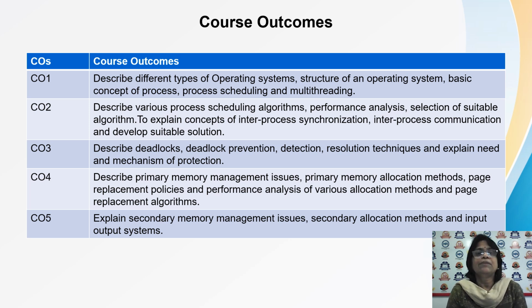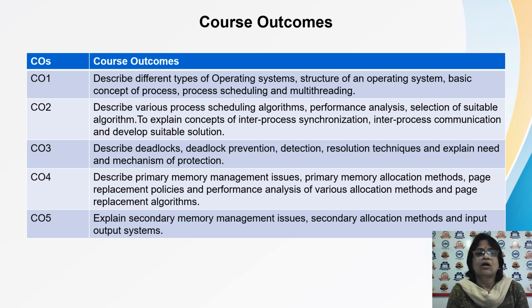Unit 2 will give the various process scheduling algorithms, performance analysis, and how to select a suitable algorithm for process scheduling. It will also explain inter-process synchronization and inter-process communication. Unit 3 will describe deadlocks, deadlock prevention, detection, resolution techniques, and explain the need and mechanism of protection.